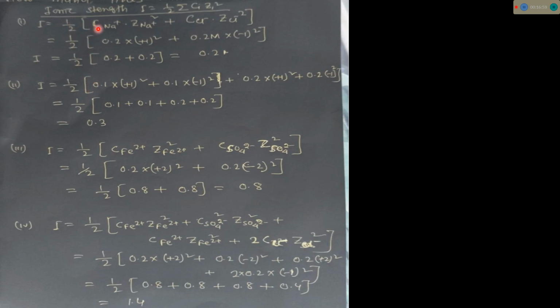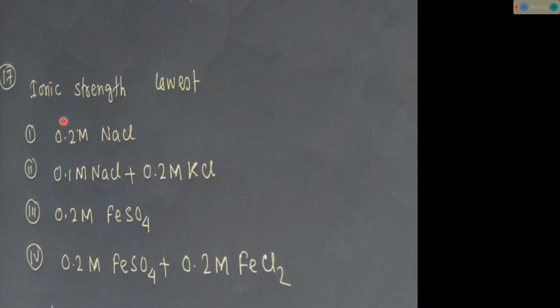So half into the concentration of Na plus 0.2, charge of Na plus, plus 1 whole square, plus the concentration of Cl minus 0.2 molar, charge of Cl minus, minus 1 whole square. So 0.2 plus 0.2 by 2 gives 0.2, the first case I.